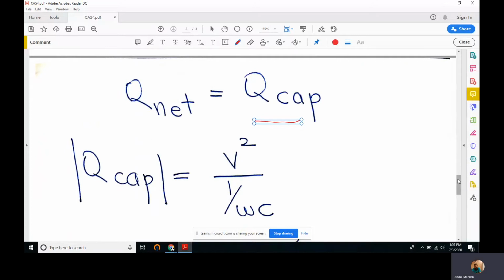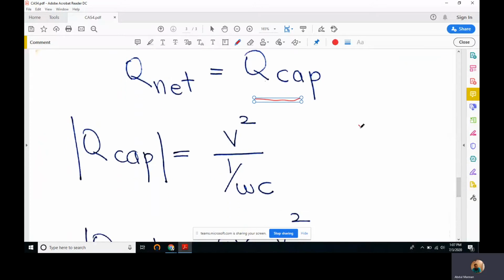And we know that both P and Q can be written as V squared over Z, or they can be written as V times I. This Q can be written as such for a capacitor because the sine term is always 1, since the current and voltage are 90 degrees apart, like the cos term is always 1 in the case of resistors.